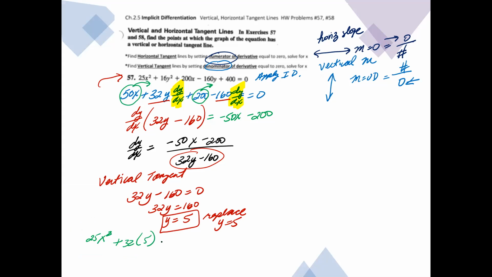Oh, I'm sorry, hold on a second. I'm getting the two confused. I'm looking at the first derivative. Plus 16 times 5 squared plus 200x minus 160 times 5 plus 400 equals 0. So grab your calculator and simplify that out.